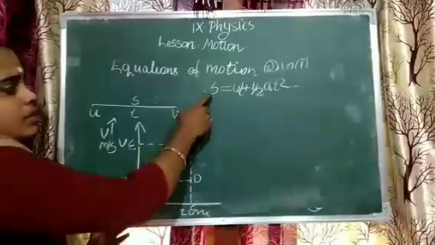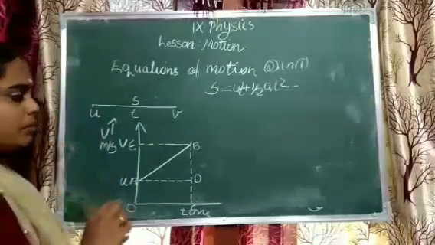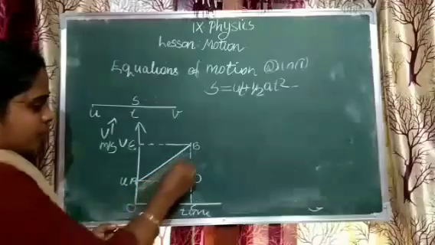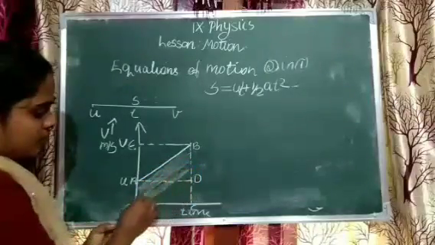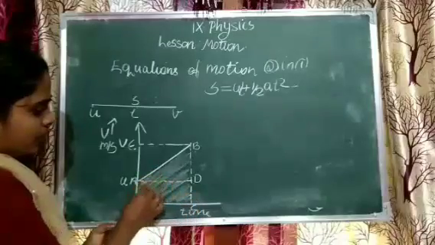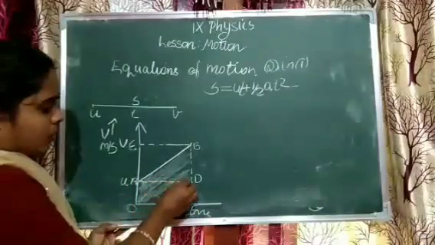S means the distance traveled. From the velocity-time graph we already studied that the area under the graph gives the distance traveled by the object.